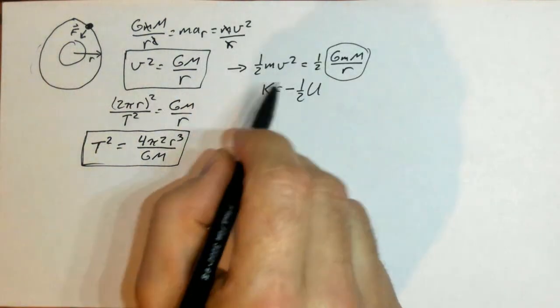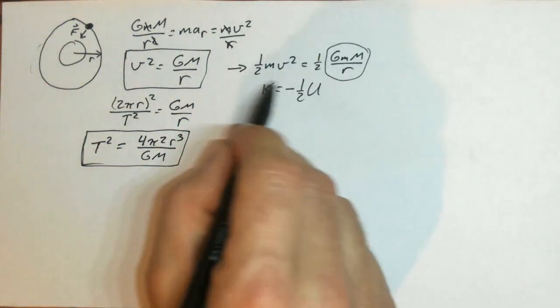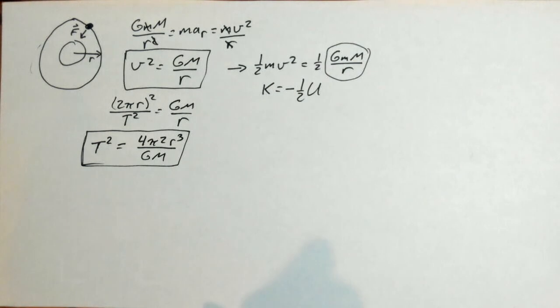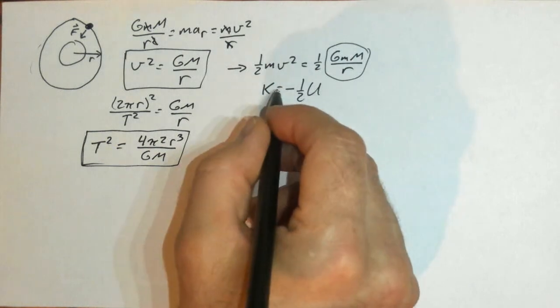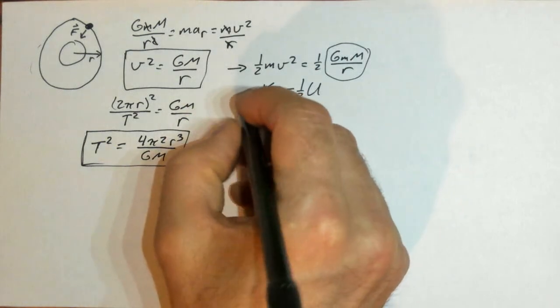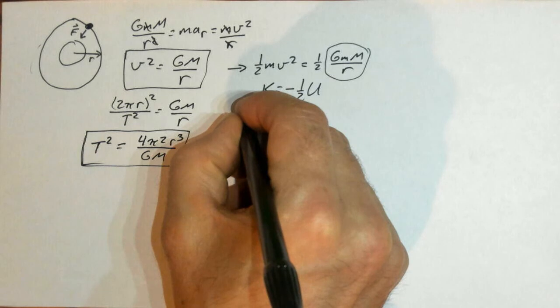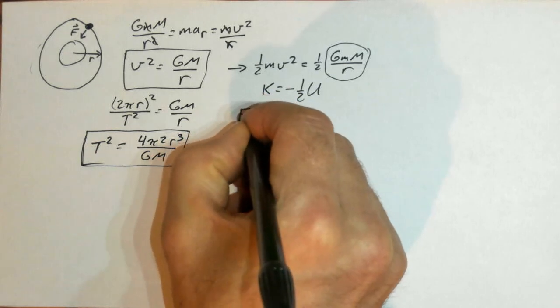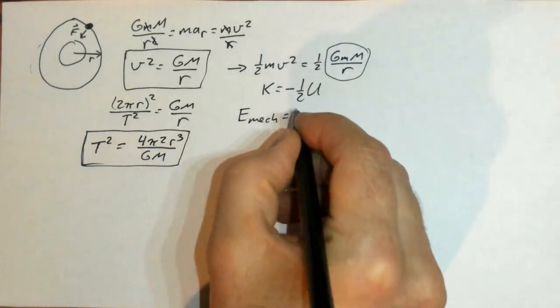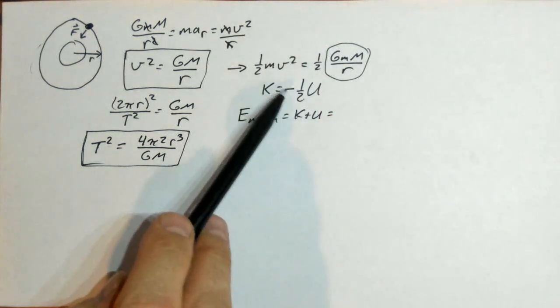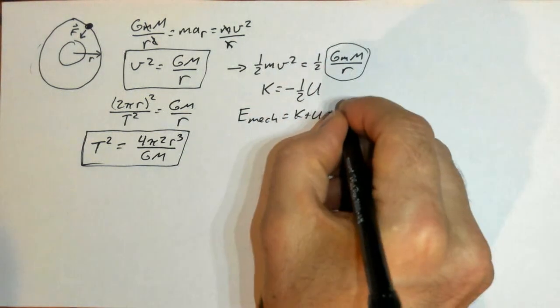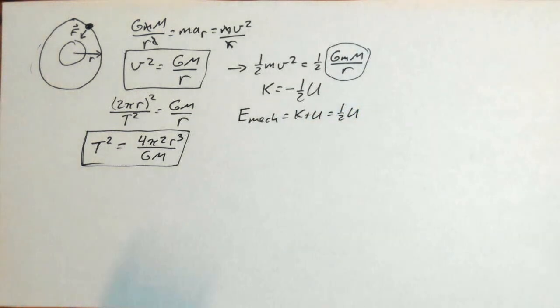Okay, but many orbits are, and then we can use these for man-made orbits like satellites, which are circular. Okay, so with this in mind, this gives us a kind of a powerful relationship that says, well, that means our mechanical energy, which is K plus U, is just simply equal to negative 1/2 U plus U, which is 1/2 U. Okay.